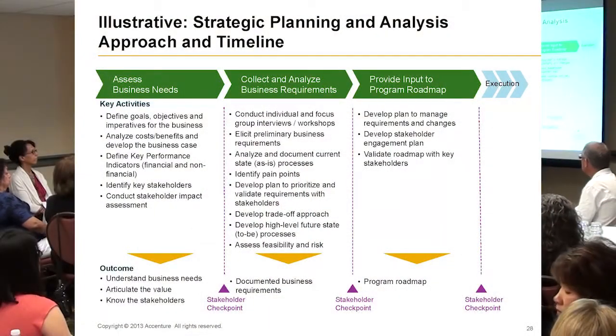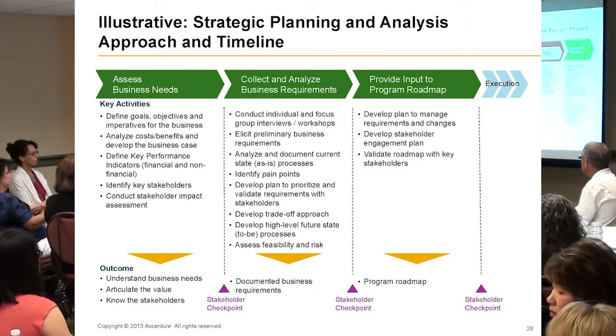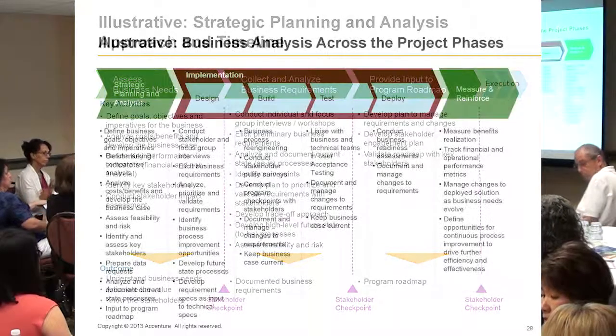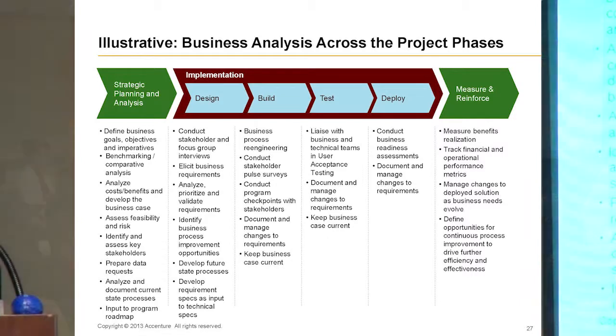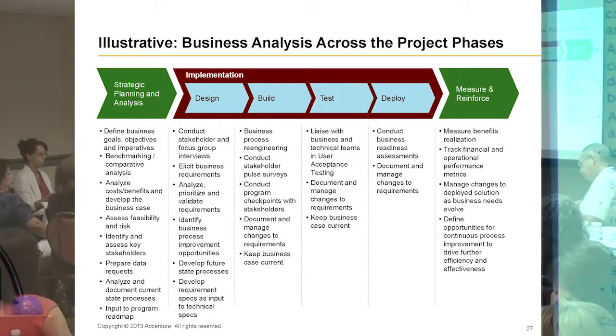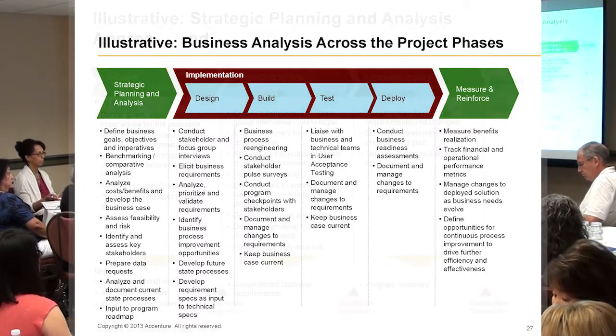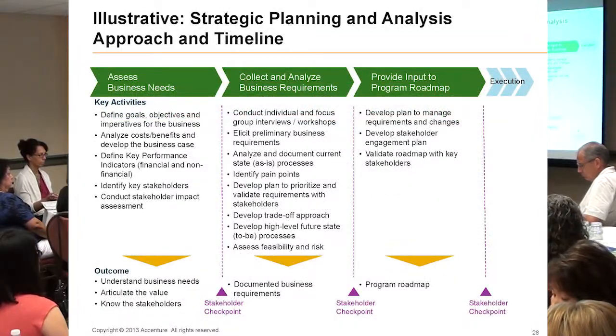This next one, if you look at the other side, it's basically taking this first box, strategic planning and analysis, and putting a magnifying glass on it and drilling down even further, breaking it into what happens in that first green box.